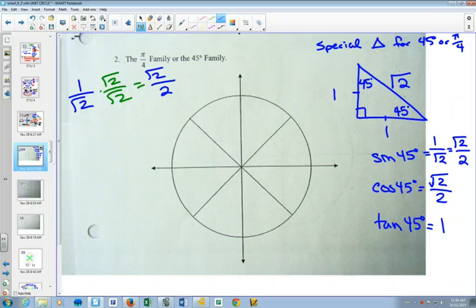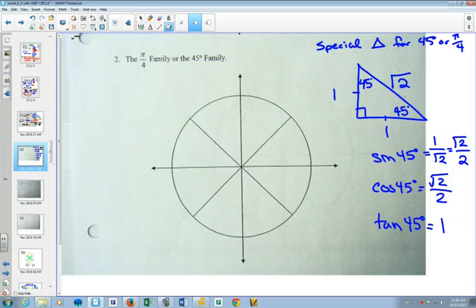Okay. So there's our special triangle. That's going to help us label everything on here. We can start with degrees. If our reference angle is 45 degrees, and we have the same reference angle in quadrant 2, 180 minus 45 will leave us with 135 degrees.